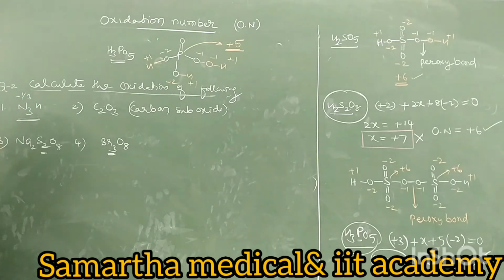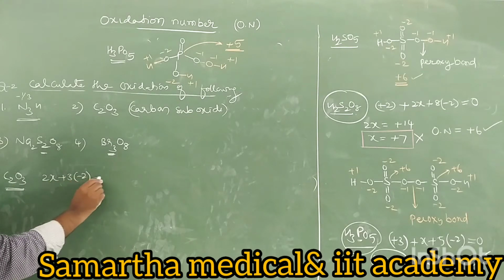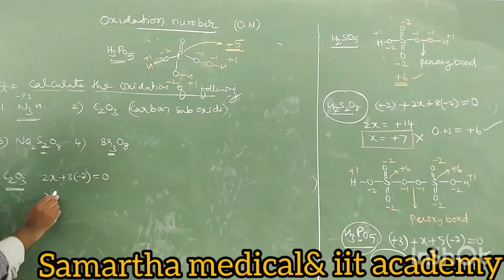Now next take carbon suboxide, C2O3. In carbon suboxide, there are 2 carbon, 2x plus 3 into minus 2 equal to 0. Then 2x equal to plus 6, x equal to plus 3.